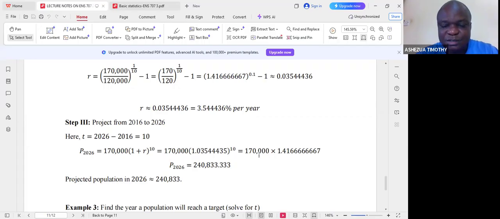And this is equal to 170,000 times this value, which is equal to this. Since we can't have human beings in fractions, I've never heard of half human beings, so we'll approximate. And if you approximate, we'll have the projected population in 2026 to be approximately 240,833 persons. Any question?